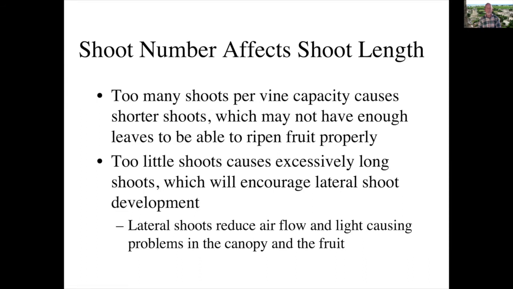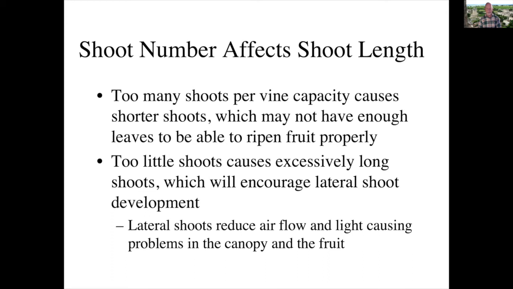So shoot number also affects shoot length. Too many shoots per vine capacity causes shorter shoots, which may not have enough leaves to be able to ripen your fruit properly. Too few shoots causes excessively long shoots, which will encourage lateral shoot development.